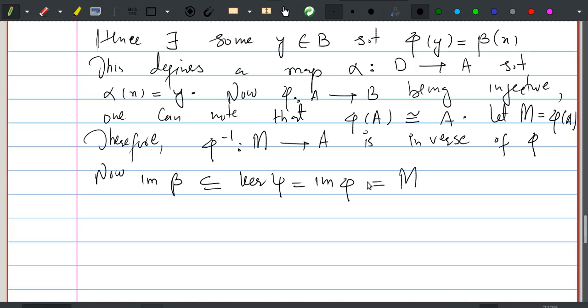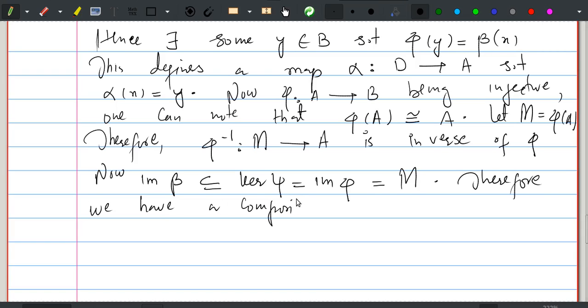That means we have a composition map, phi inverse composed with beta.